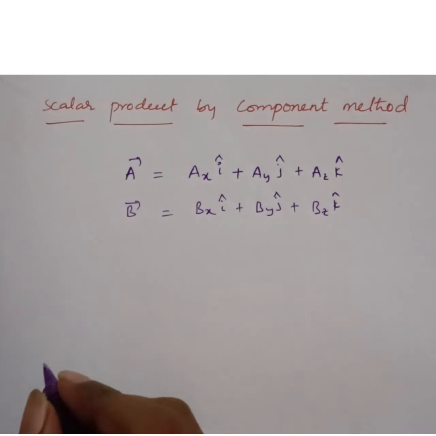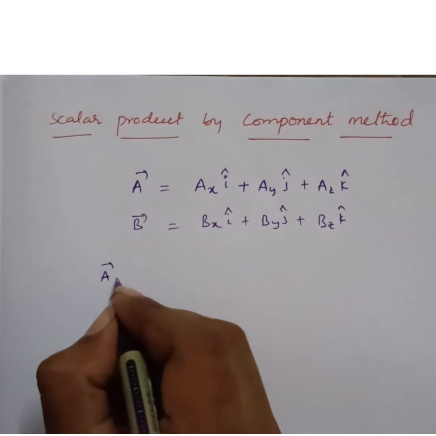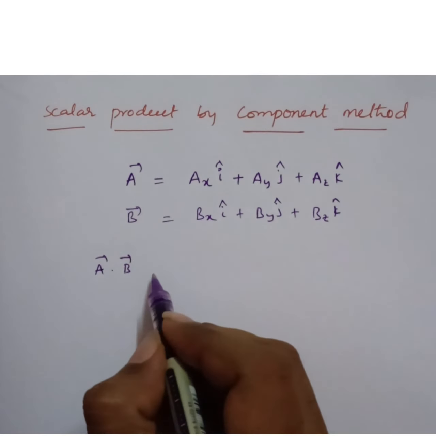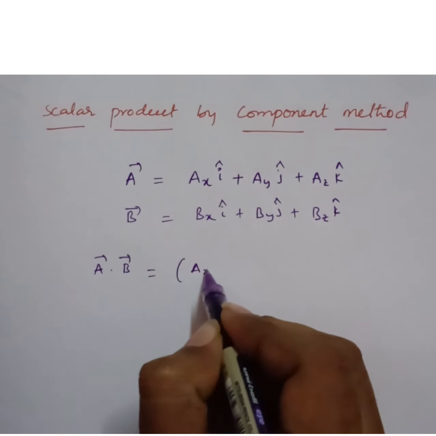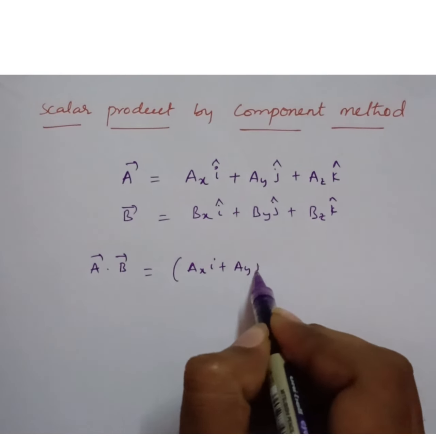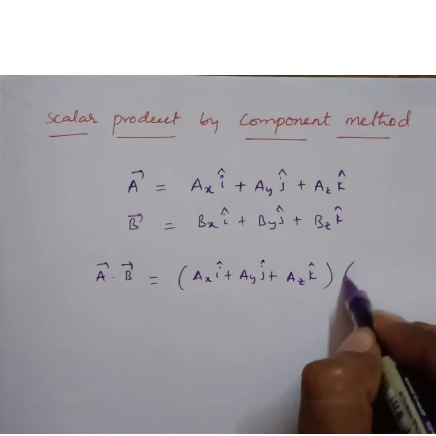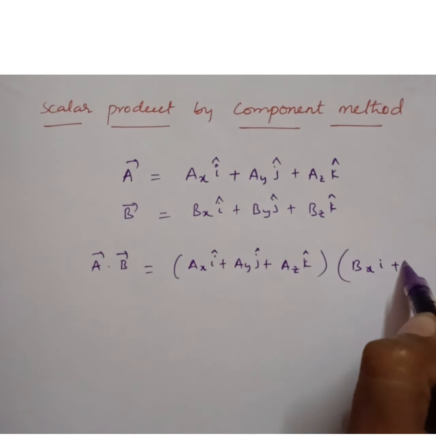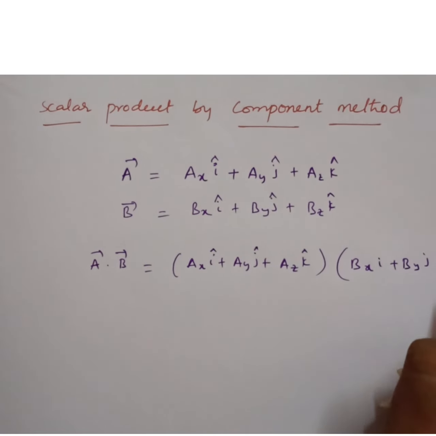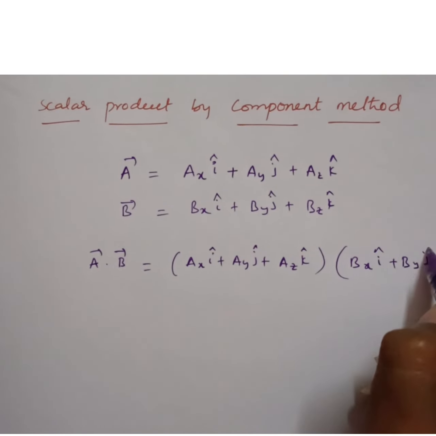Now if we do the dot product, A bar dot B bar equals (Ax i plus Ay j plus Az k) into (Bx i plus By j plus Bz k cap).